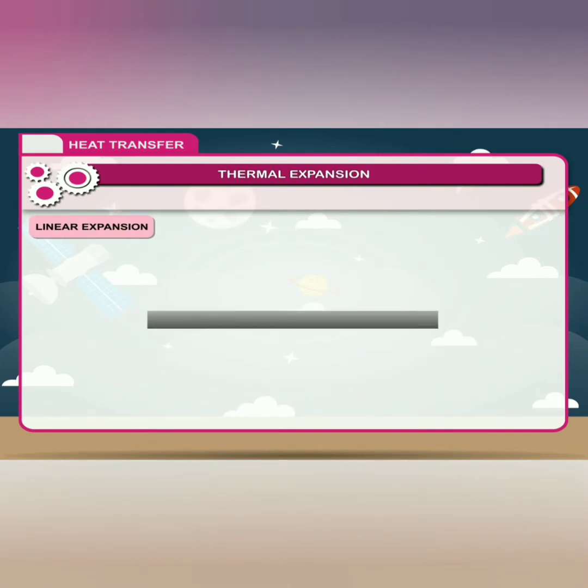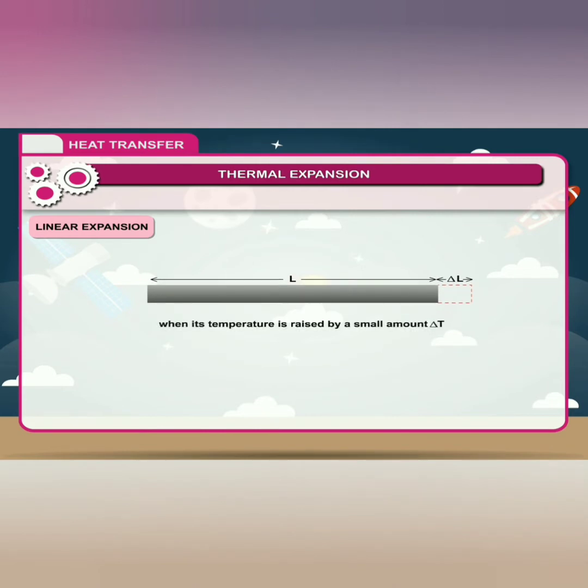Suppose L is the original length of the solid rod. You can see in the video, the figure is shown. And let ΔL be a small increase in the length of the rod when its temperature is raised by a small amount, that is ΔT.